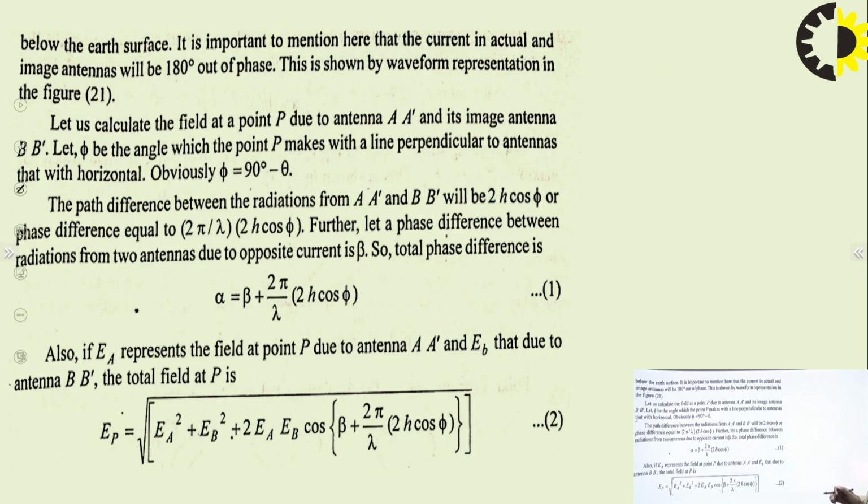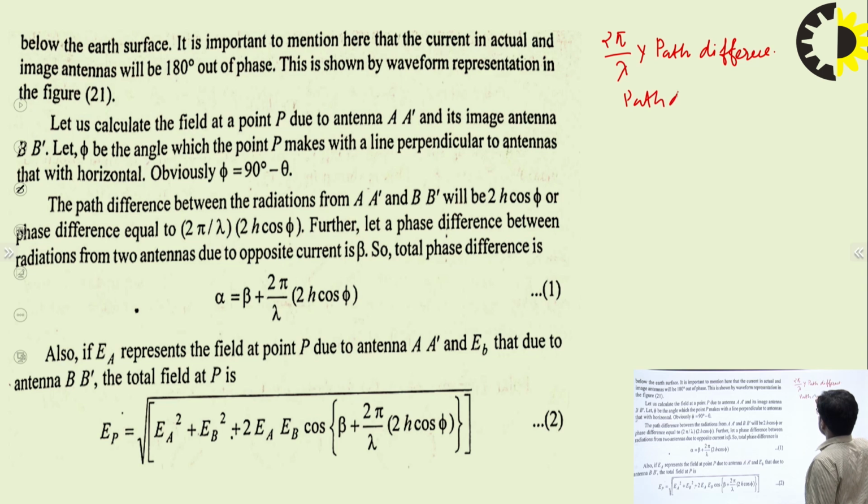The phase difference you can calculate with the help of this formula, that is 2 pi by lambda into the path difference, and the path difference is 2h cos phi.